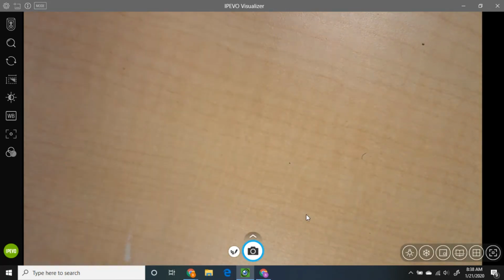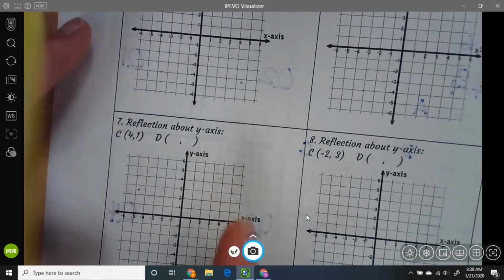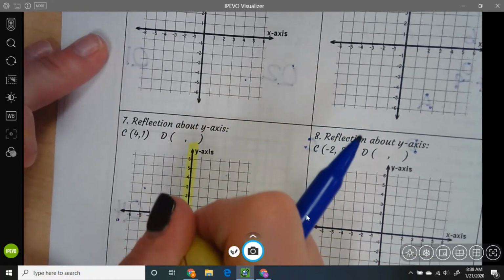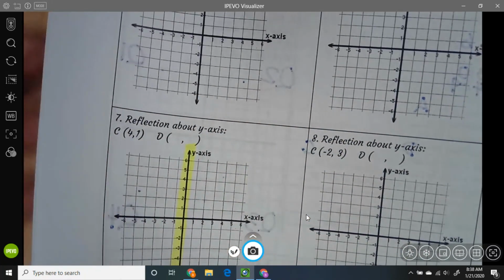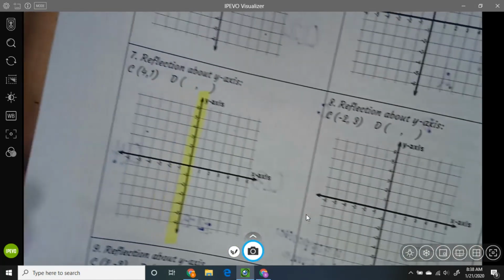Okay. And then be careful when it says in switches, reflection about the y-axis. That's just the opposite of that. So in this one, if we were reflecting across the x-axis and the y was the opposite and the x was the same, what do you think is going to happen?